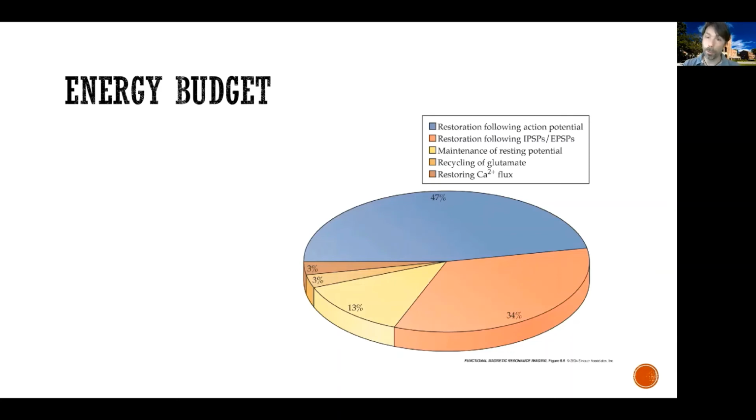So we also have to restore the calcium gradient, which means we have to push out calcium. But of course, this too takes energy, because calcium just diffused down its gradient. We now have to push it against the gradient, and to do that, we need energy. And these three last things are really this last sort of 20% of energy, somewhere 20 to 25%.